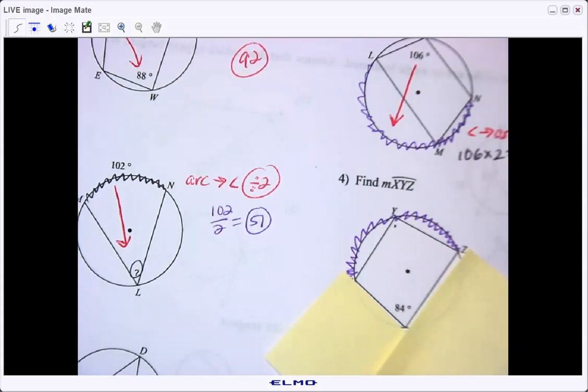Look at number 2 and number 3 and decide what you need to do, and put your answer in the chat box. Is it going to be equal, half, or double? Good.